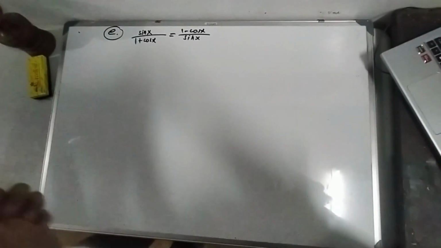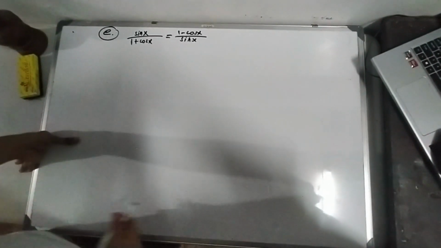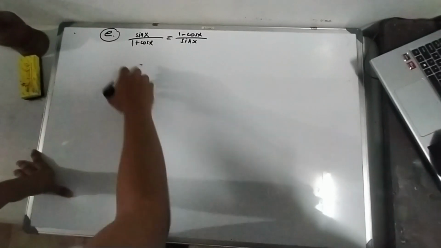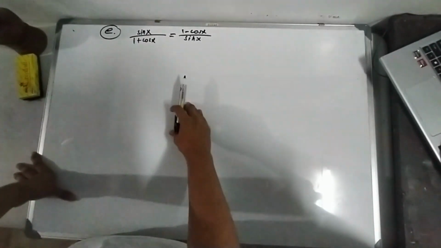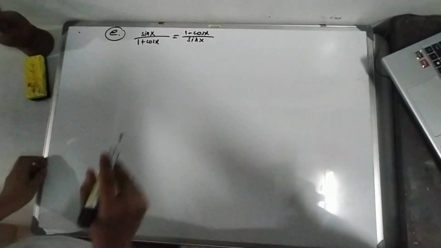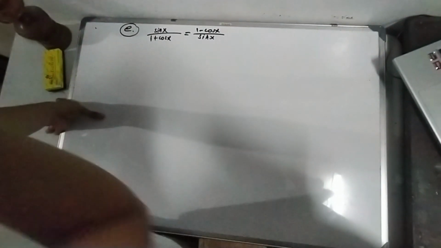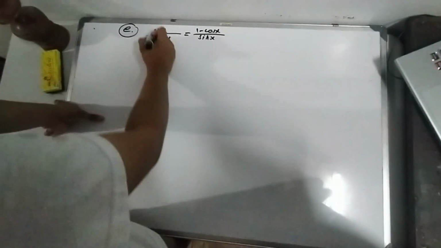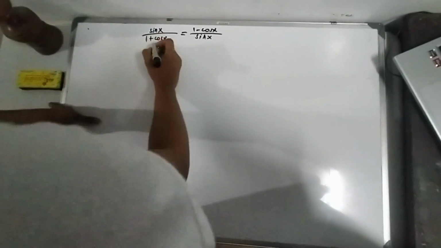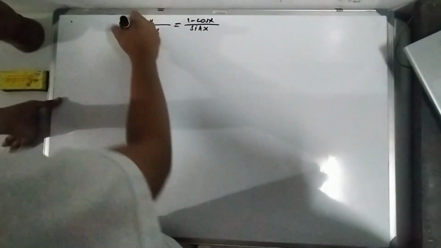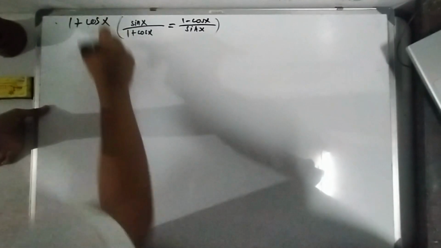So now we're gonna prove this equation, which is sine x over 1 plus cos x, and it is equal to 1 minus cos x over sine x. So first we have to remove the fraction. So what we're gonna do here is we're gonna multiply both sides by 1 plus cos x.